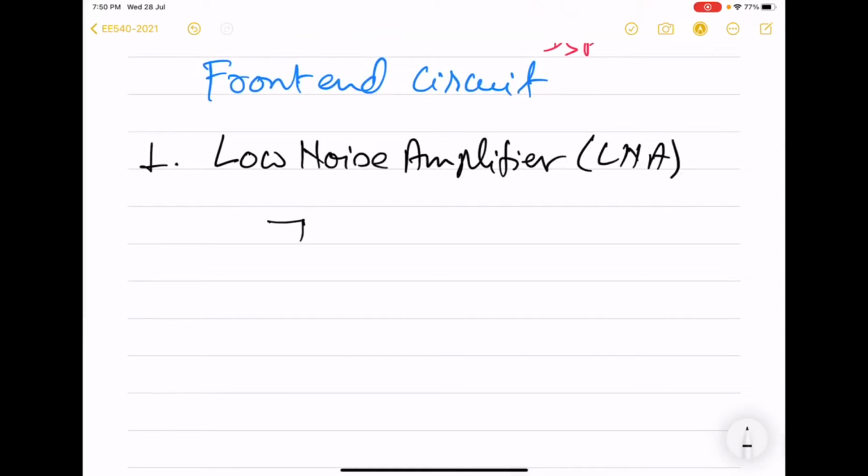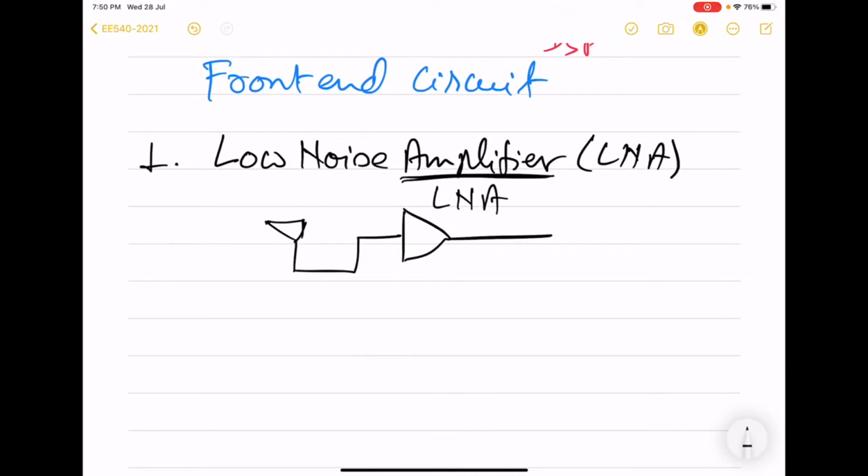So we see that immediately after the antenna, there is an amplifier in the receiver path, and this is called LNA. So here you can see that this circuit is fundamentally an amplifier. That means whatever input voltage it is receiving, it is amplifying and producing on the output side.